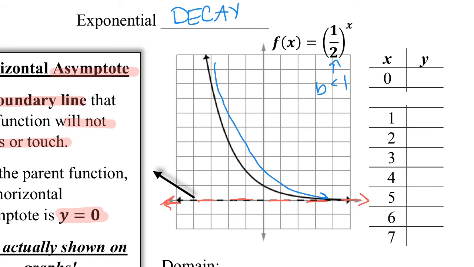So if I do the same thing with this table, trying to show you why it's not going to pass 0, this is 1/2 to the x. So I'm going to substitute x's in and evaluate. If I plug in x is 0, I get a 1. If I plug in x is 1, I get 0.5. 1/2 squared is 0.25. 1/2 to the third is 0.125. 1/2 to the fourth is 0.0625. 1/2 to the fifth, 0.03125. 1/2 to the sixth, 0.01562. 1/2 to the seventh, 0.00781.